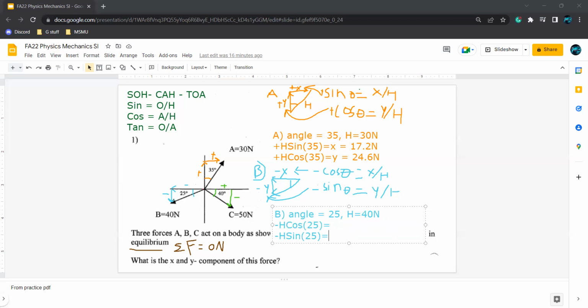Forty cosine 25. The actual h cosine is positive, but because you know that it's in the negative direction, you're gonna put a negative there. So that's why I'm putting these in parentheses, so you know that you're adding the negative.